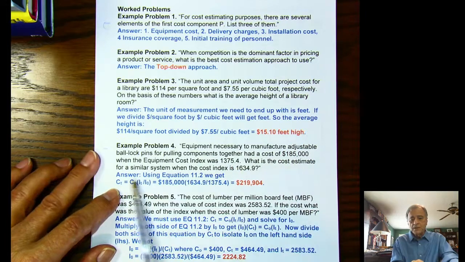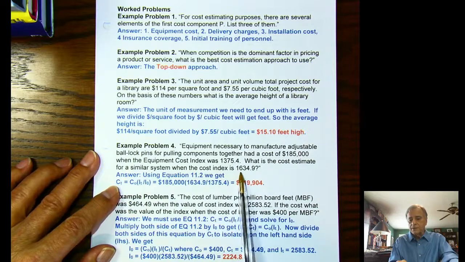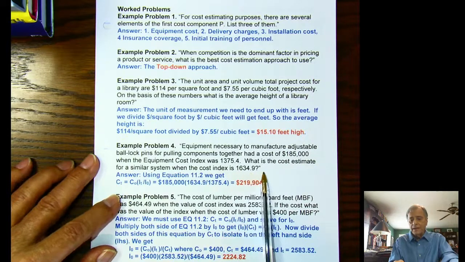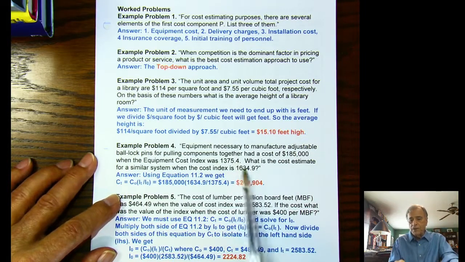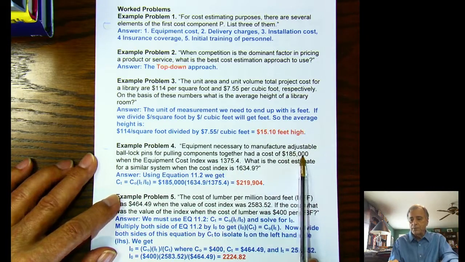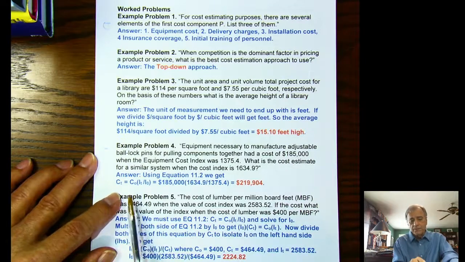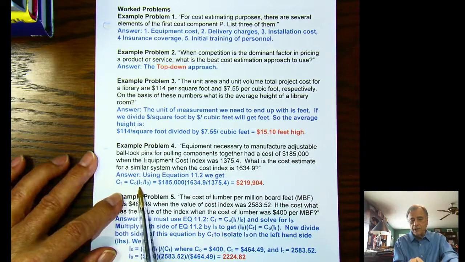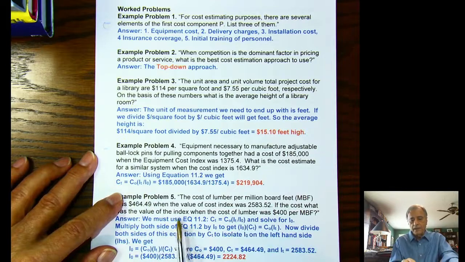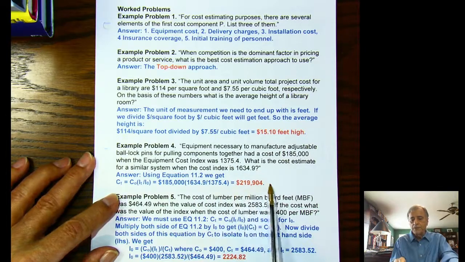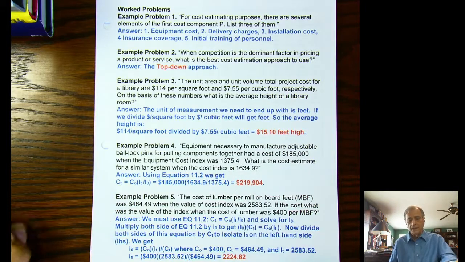What is the cost estimate for a similar system when the cost index is 1,634.9? So you're going to multiply the ratio of these indices times that prior known cost to get the cost estimate. So C sub t is C sub 0 times I sub t over I sub 0. That will be 185,000 times 1634.9 divided by 1375.4, and that gives you 219,900.